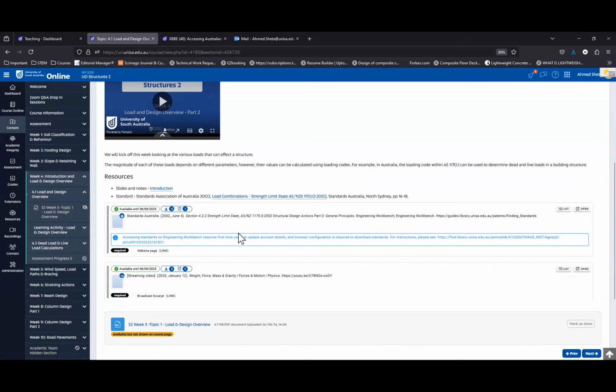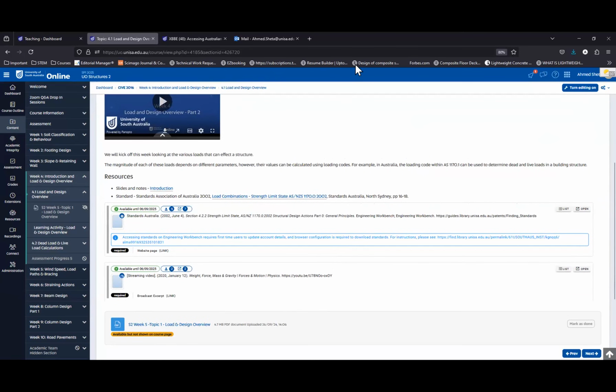Here is the link to the standard 1170.0 version 2002. Just a reminder that access to the standard is now using engineering workbench. So please use the link and try to access the standard. If you have any issue with that, just let us know.